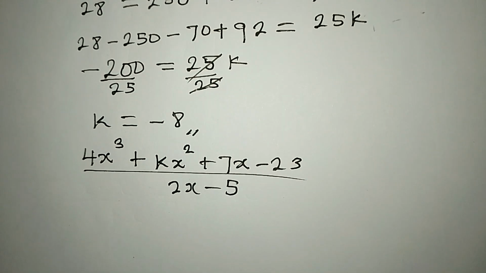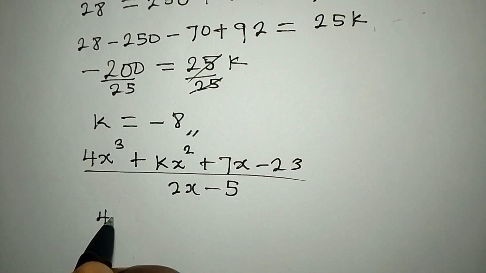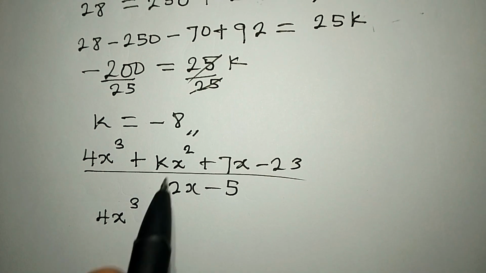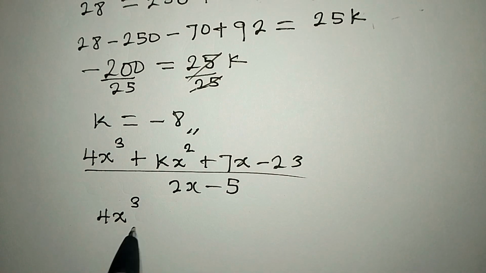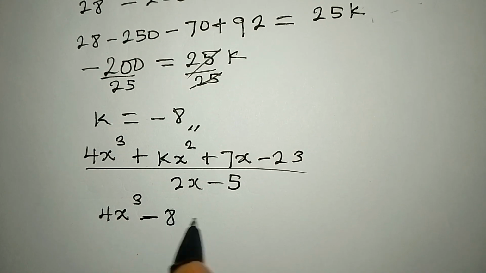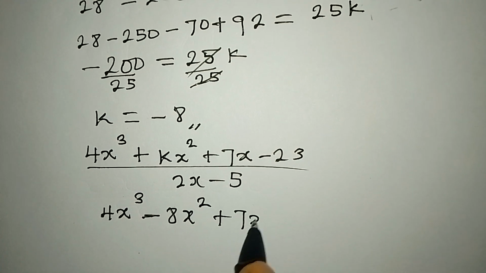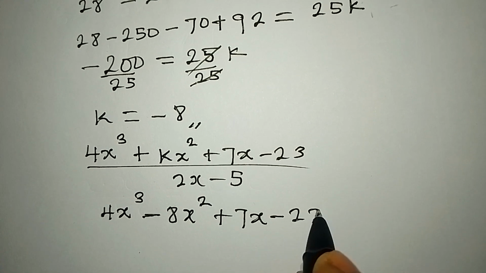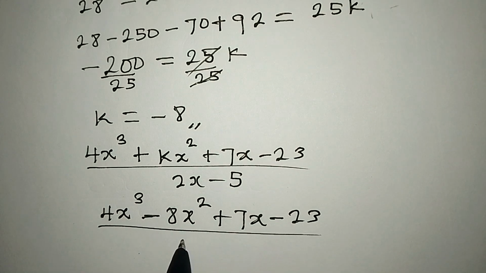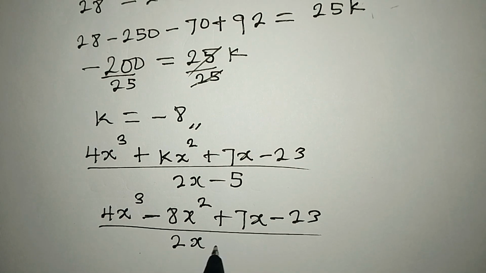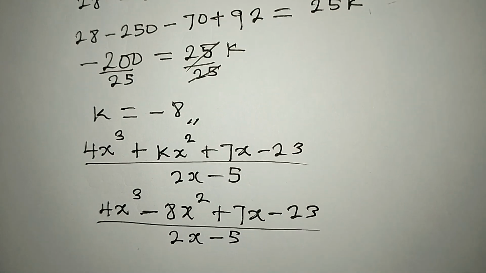Now this will turn to 4x to the power of 3. Now this k is going to be negative, so we write negative 8x to the power of 2 plus 7x minus 23 over 2x minus 5. So this is what we have.